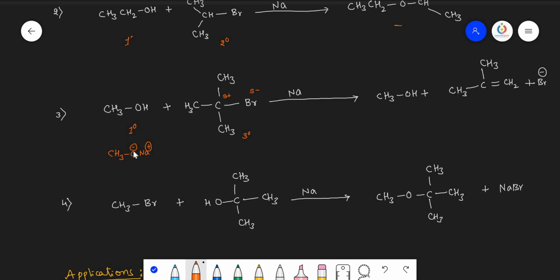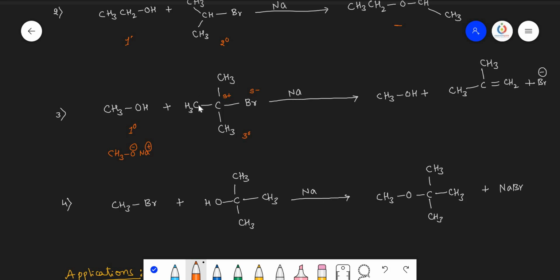Now this sodium alkoxide does not find a proper space to reach this partially positive charged carbon, as it is completely crowded with the methyl groups. And on one side bromine is there, with the partial negative charge, and the nucleophile cannot approach from this direction as both are negatively charged particles. So it has only one option to approach this carbon, exactly opposite to the position of the partially negative charged bromine.